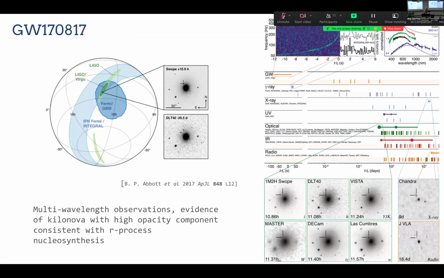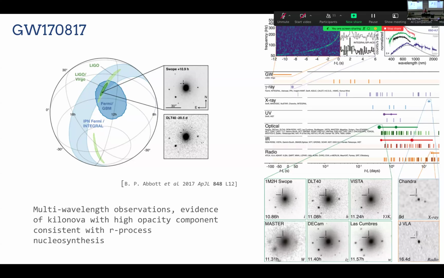But why would we like to study them? One of our main motivations here is multi-messenger astronomy, especially the event GW170817. We want to study them because we can actually see them. This particular event is one where, in addition to gravitational wave observations, we also had observations along the whole EM spectrum: gamma rays, X-rays, UV, optical, infrared, radio, and so on.